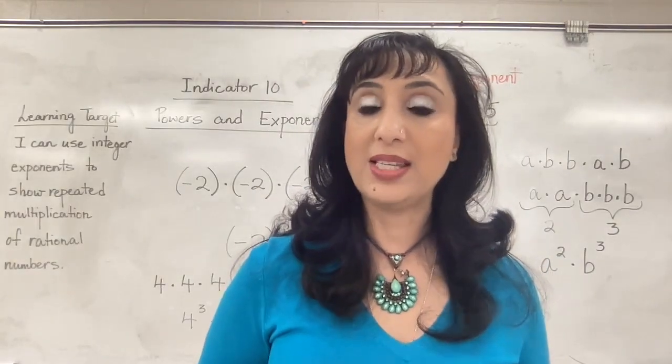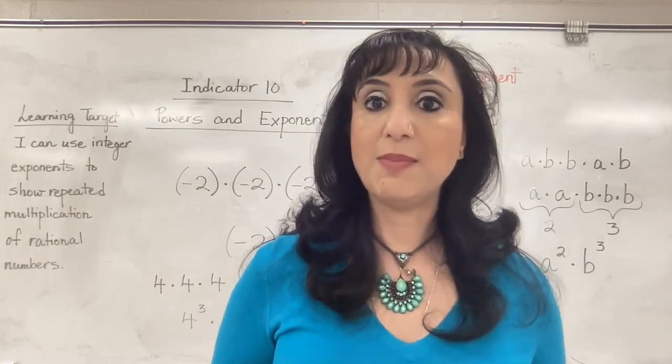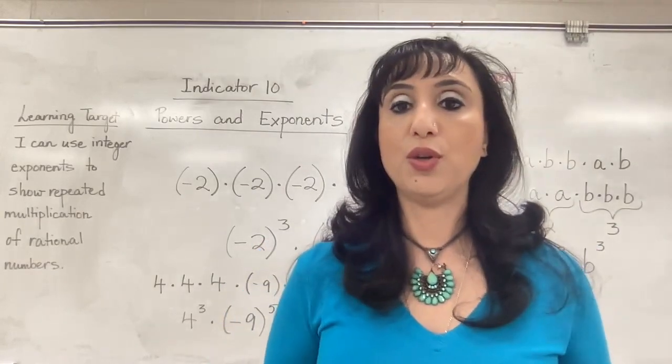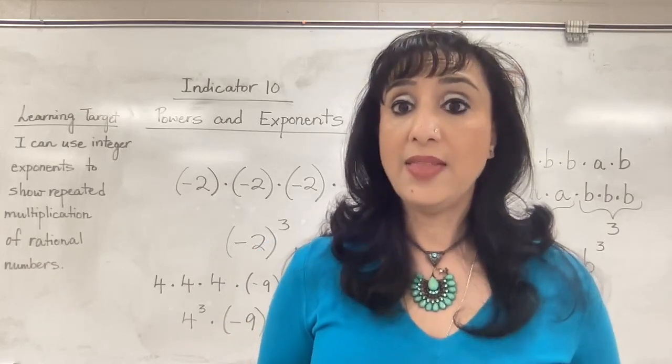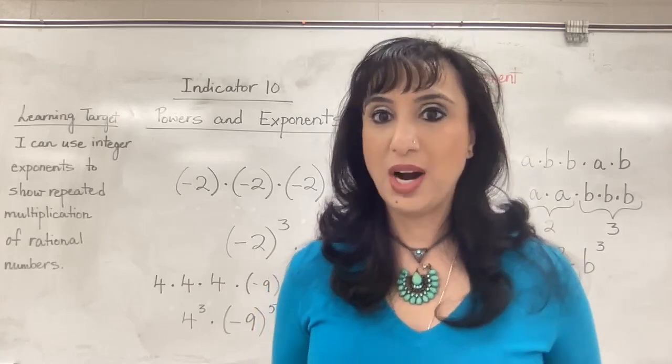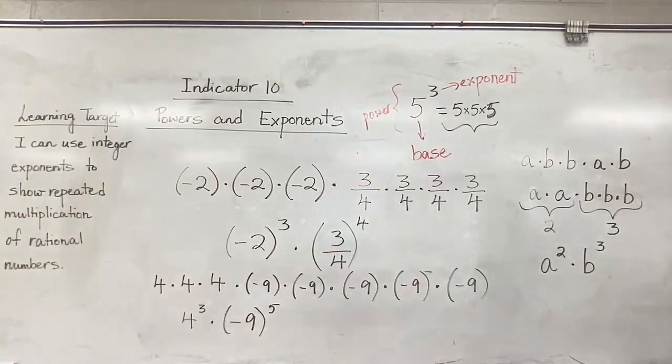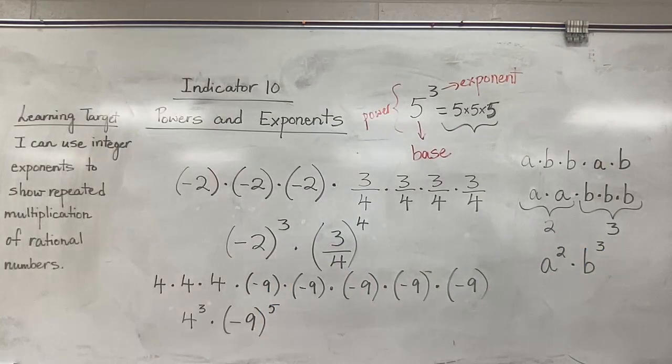P for parentheses, E for exponent, multiplication and division go left to right if those are the only two left, and then addition and subtraction also go left to right if only those two are left. So we simplify the expression inside the grouping symbols, evaluate all powers, perform multiplication and division in order from left to right, and then perform addition and subtraction in order from left to right.